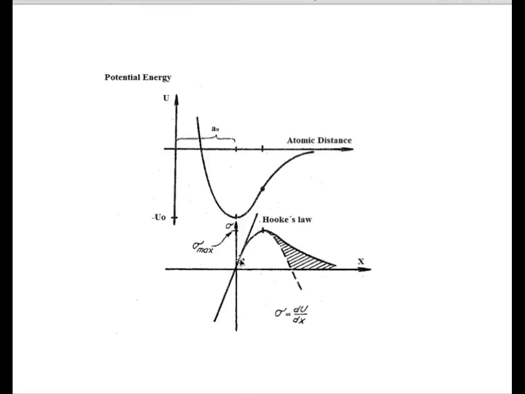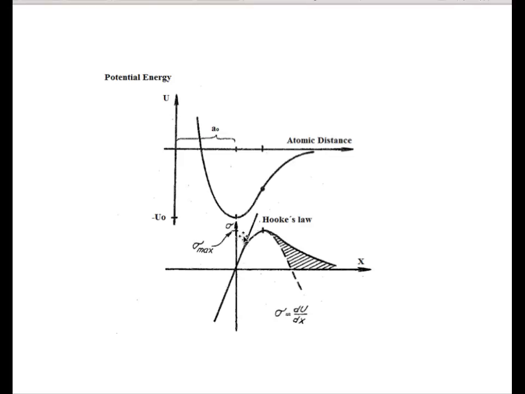You see that this line is the same as Hooke's law, because here we have the stress, and here we have the strain. So when we start pulling the material, we follow this line. Then we take away the load, and we go back along this line, as we did before when we talked about Hooke's law and elastic deformation.